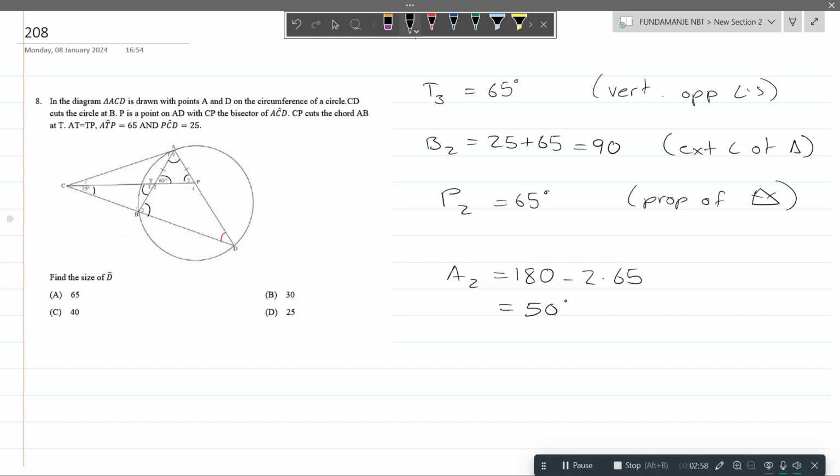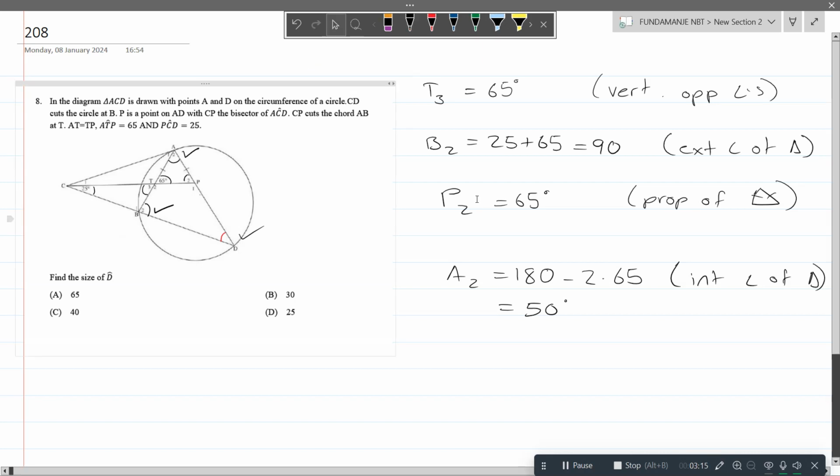That will give us 50 degrees. And once we have that, we now have B2, we now have A2, and now we can find D. So let me just put the reason for A. That's the interior angles of a triangle. They add up to 180.